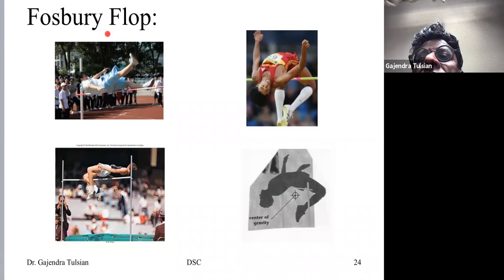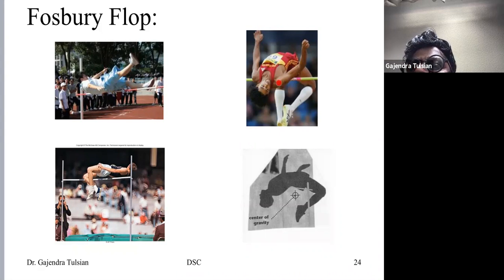Before the 60s, before this flop was invented, most people would go over a bar like so. And this is the Fosbury flop. Now all athletes go over the bar like this. So what is the advantage of this compared to that? Let me show you.